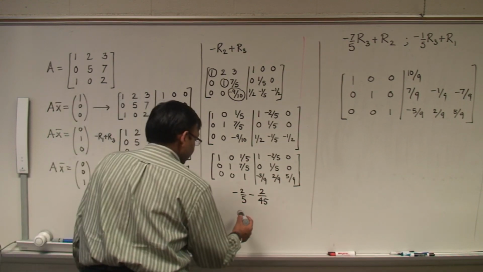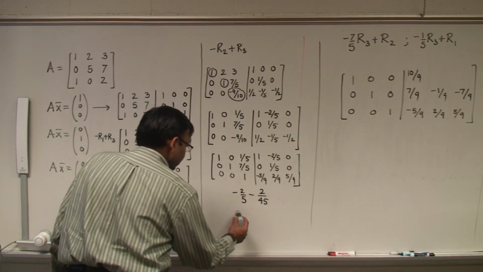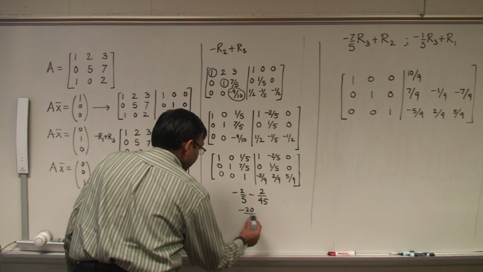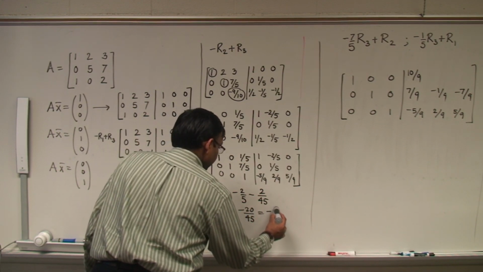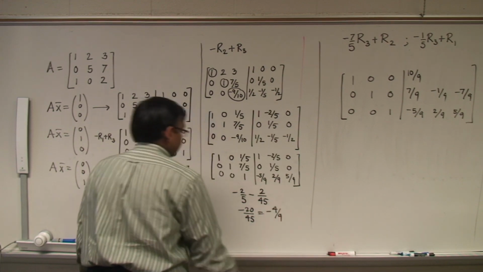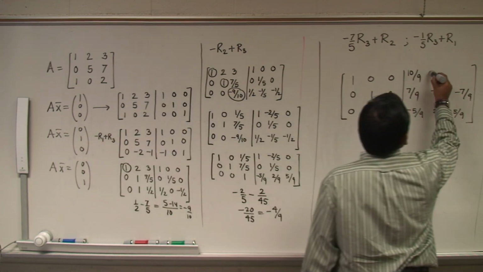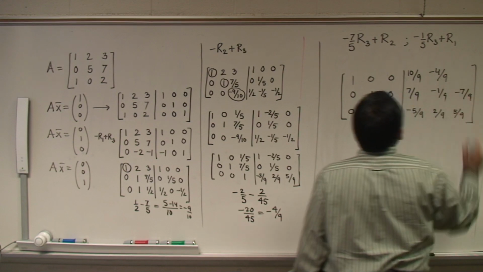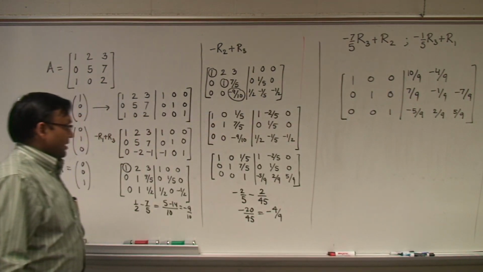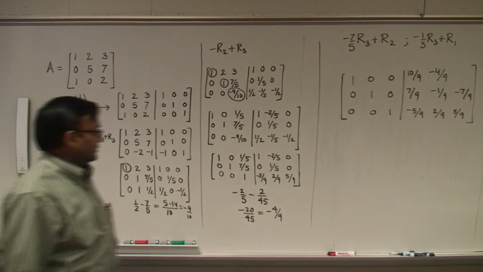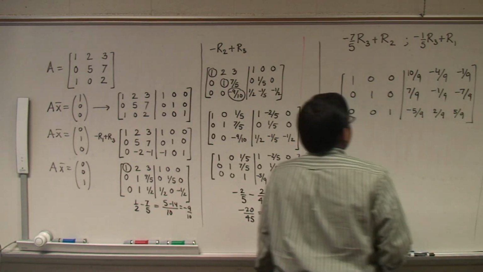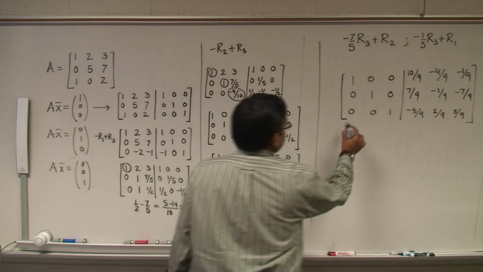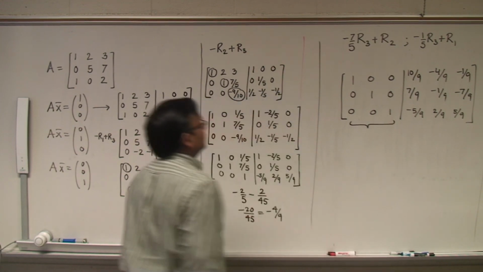Okay, and this will give me minus 18 minus 20/45, which is the same as minus 4/9. So this guy will be minus 4/9. And last but not the least, this will be minus 1/9. Okay. So this is the identity matrix that we have achieved.